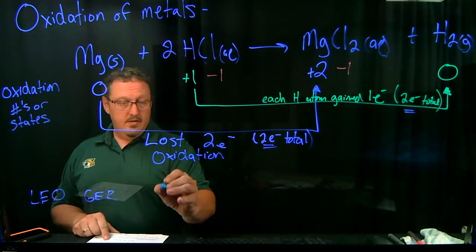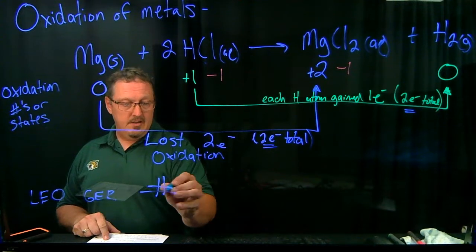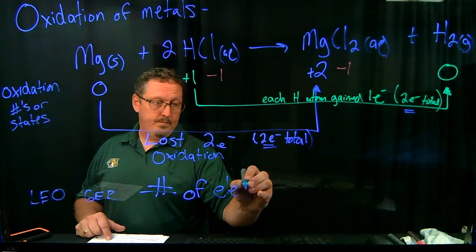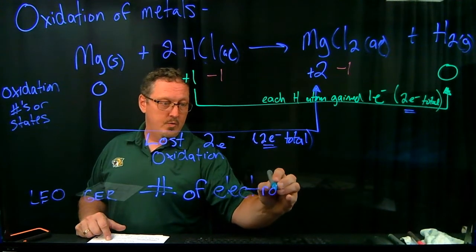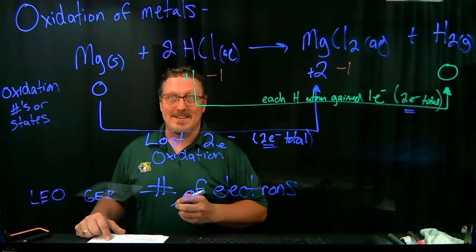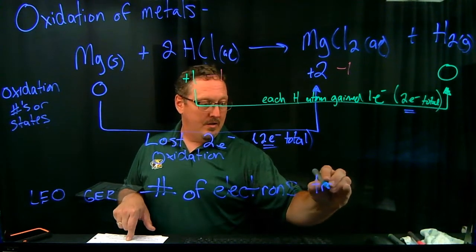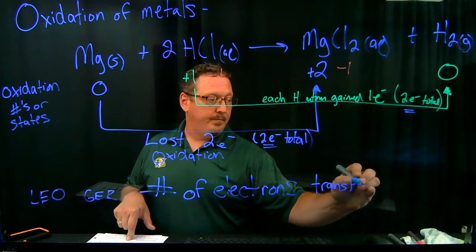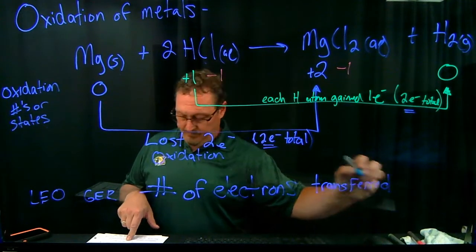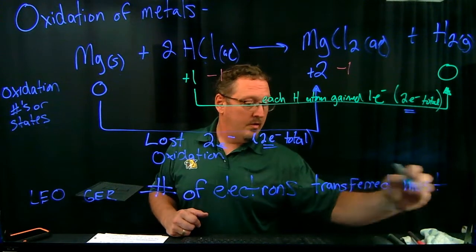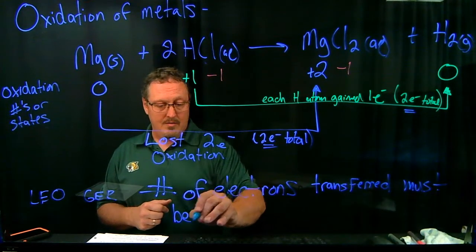So, and that's going to be a key learning here, is that the number of electrons... No, my marker is squeaky and dying. No! The number of electrons transferred must be the same, or we've done something wrong.